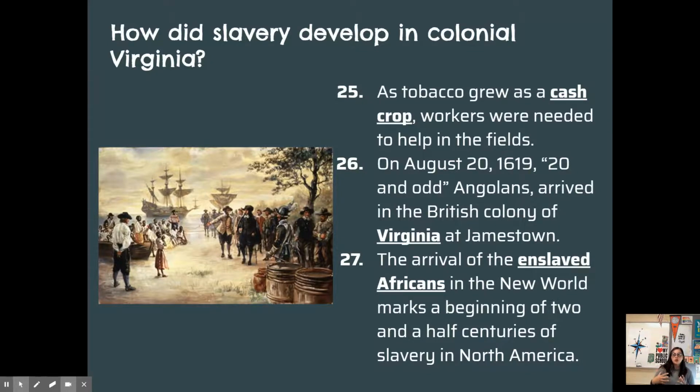This need for new workers causes colonists to get the idea to bring slaves over. So this is when enslaved Africans first start being shipped over to this New World area, mainly of Virginia and North Carolina, for the growth of tobacco.